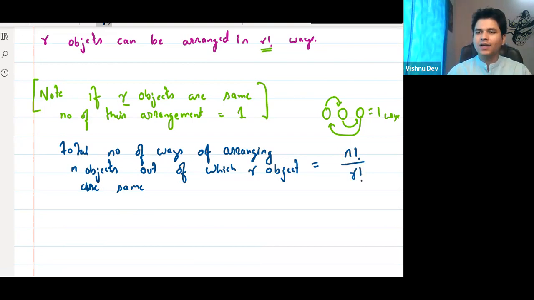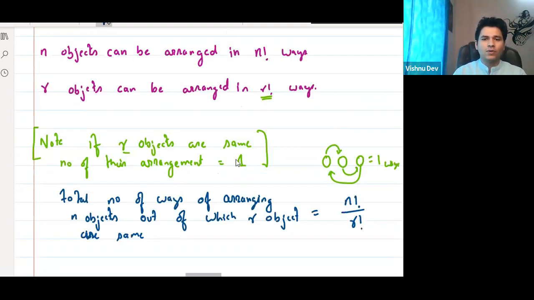Yes or no? Clear? Yes, because I'm multiplying r factorial extra times because they are same. So the number of ways instead of r factorial should be only one. So this is extra, and we divide it out.